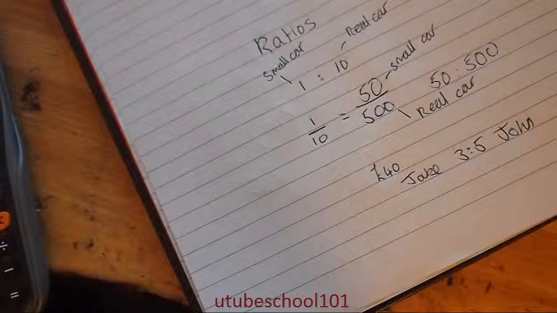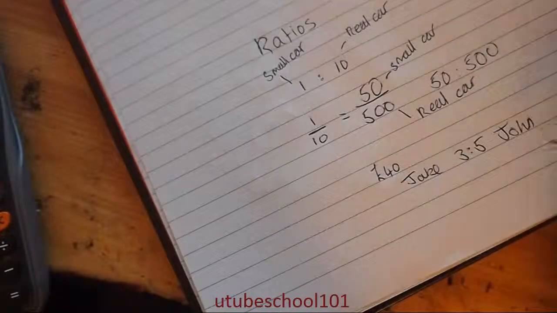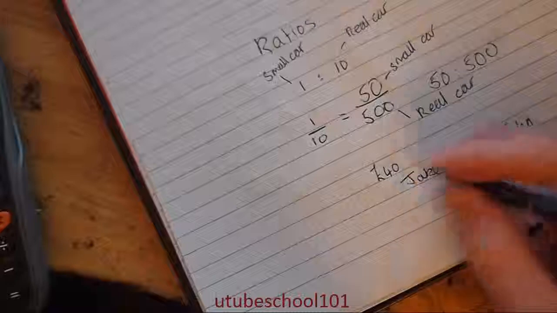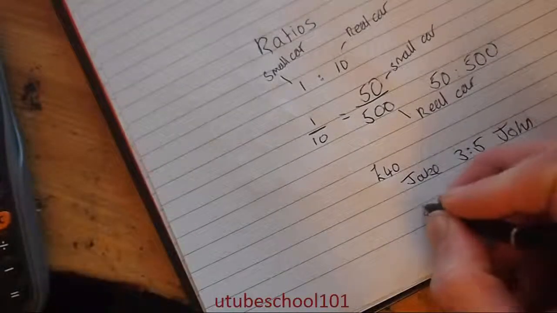So this means every £3 Jake gets, John will receive £5. So what we have to do is we have to get a fraction. So we have to work out how much of a percentage Jake gets compared to John. So if we add these two together, we will get a total of 8.